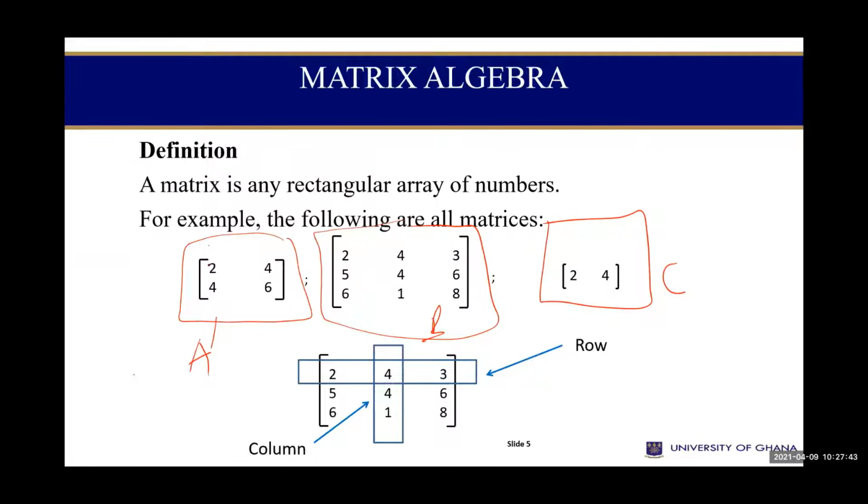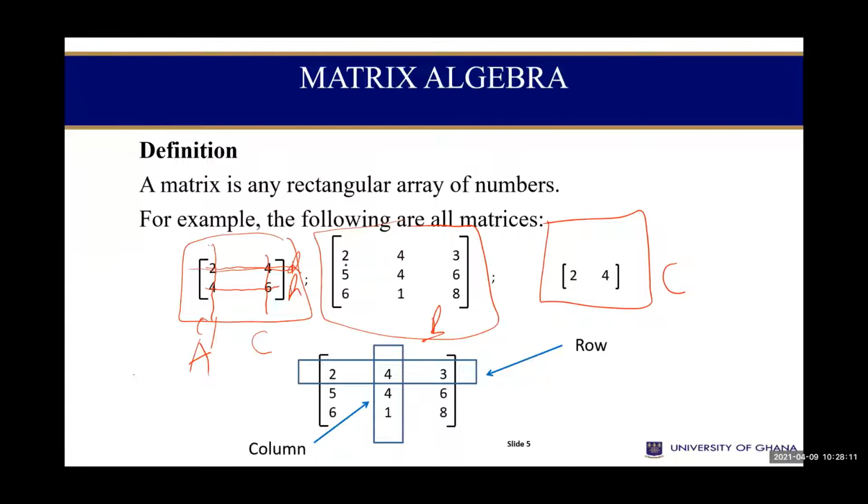So if I have 2 and 4 horizontally, this is a row. 4 and 6 is also another row. 2 and 4 vertically is a column. 4 and 6 vertically is also a column. So I can say that I have 2 rows and 2 columns.